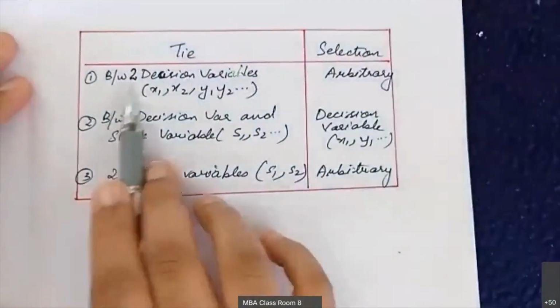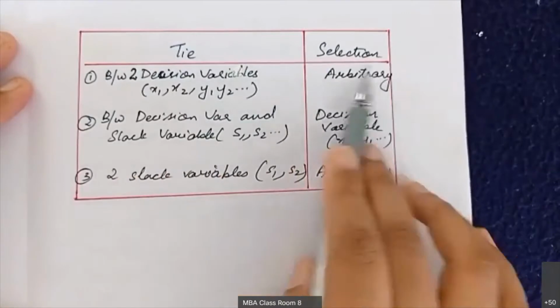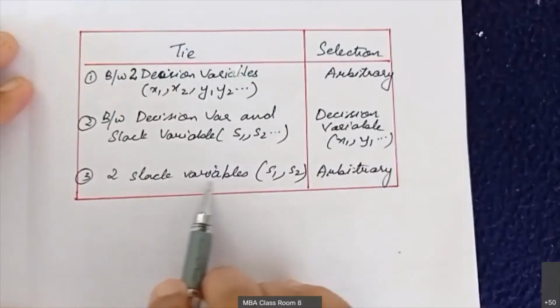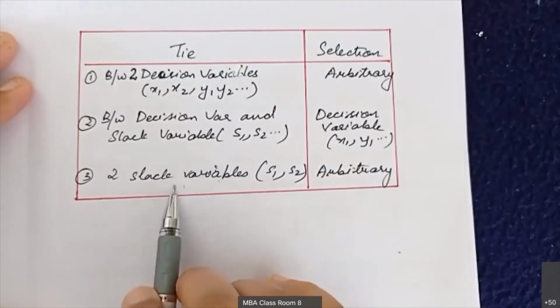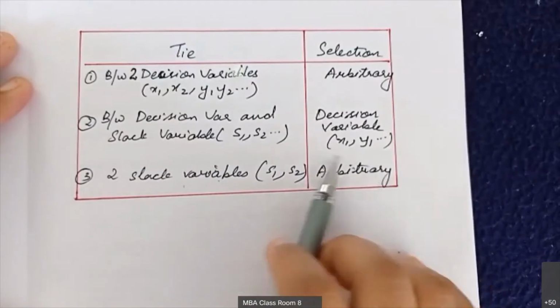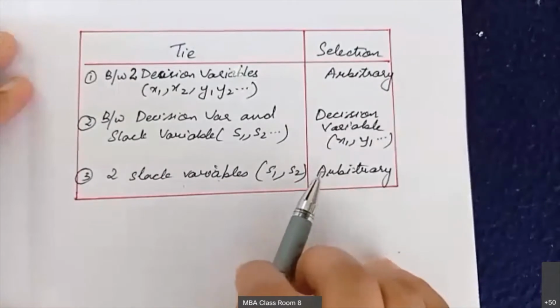It is given in the table over here. When you have a tie between two decision variables, we can choose in random. Similarly, when the tie is between two slack variables, or surplus variables also, we can choose the entering variable at random, or arbitrarily. Anyone can be the entering variable.